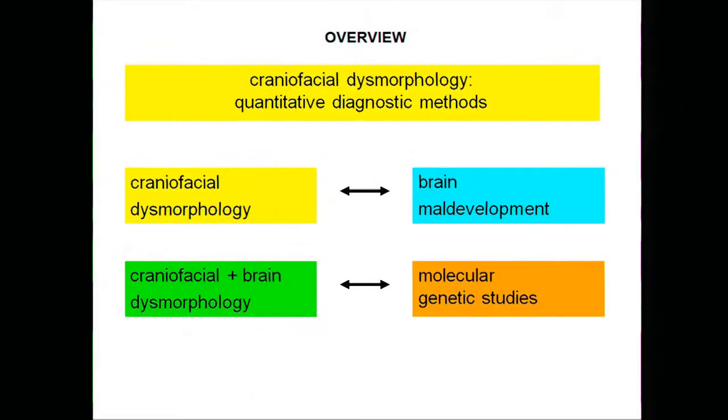We have 3 different elements here. The arrows indicate association. We have the quantitative diagnostic methods I'll tell you about. We also relate craniofacial and brain dysmorphology. So how could that arise? It turns out that the brain and the face are formed by common primordia, or Anlagen. And they're sculpted at the same time by some of the same forces and some of the same genes.